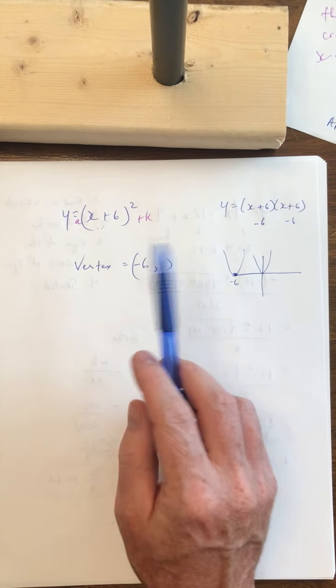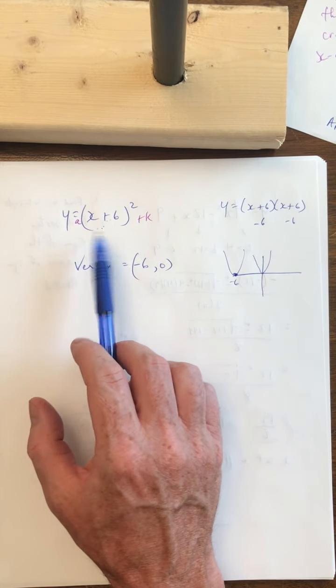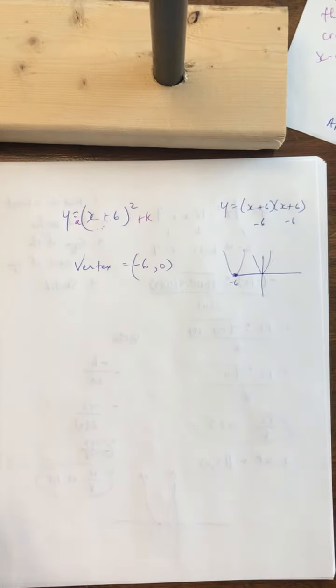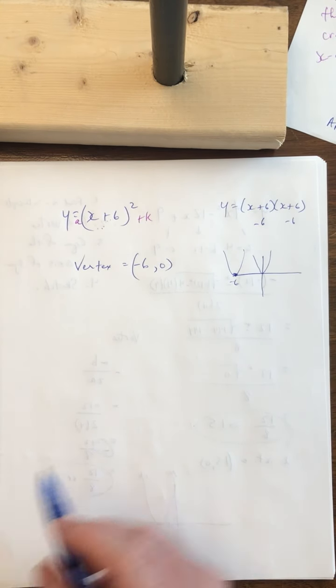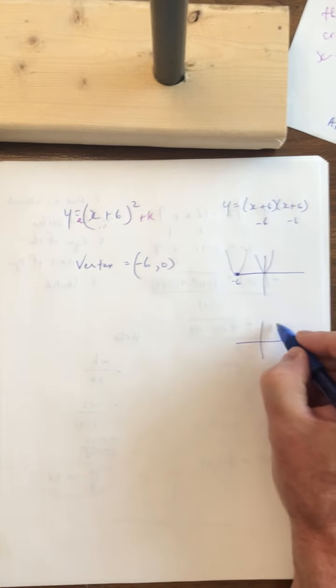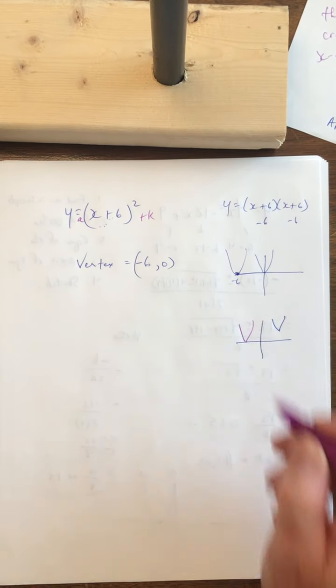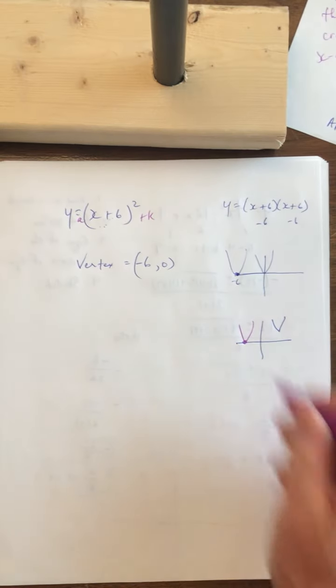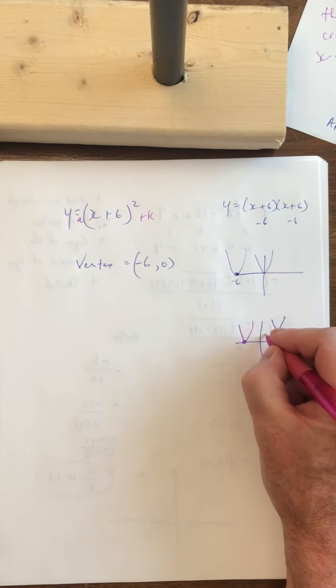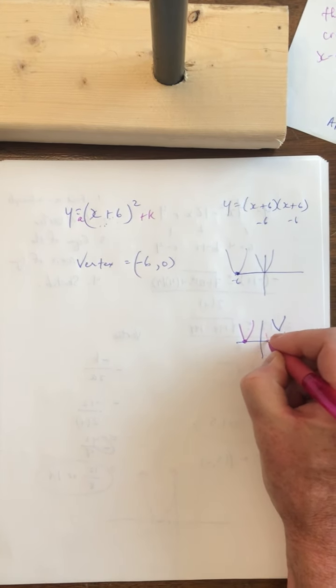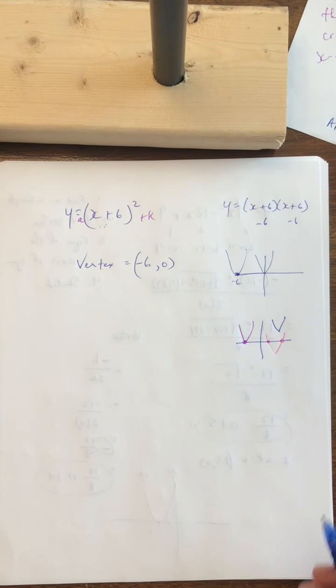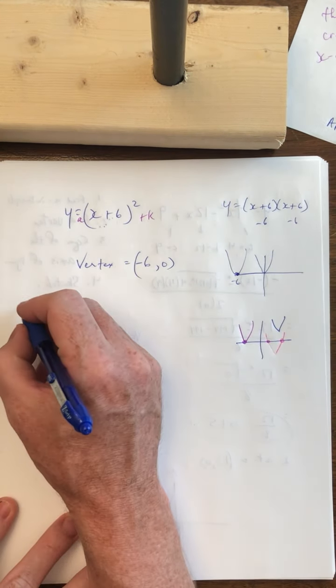Now, can we tell from our initial equation how many zeros or how many roots we have? Whether we have no roots, one root right here, or 2 roots. So we call that the discriminant.